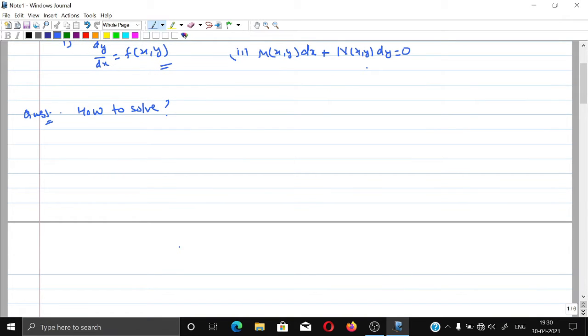There are some methods to solve first order and first degree equations.